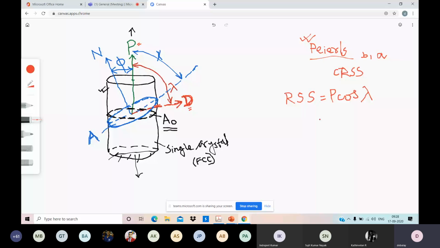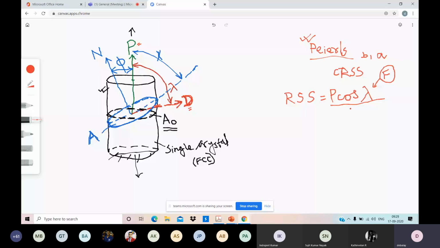P cos lambda is basically a force, the resolved component of the force. It is not stress, it is force. P is force, so P cos lambda is the shear force acting along the slip direction on the slip plane. So how much would be the stress? We have to divide it by area.